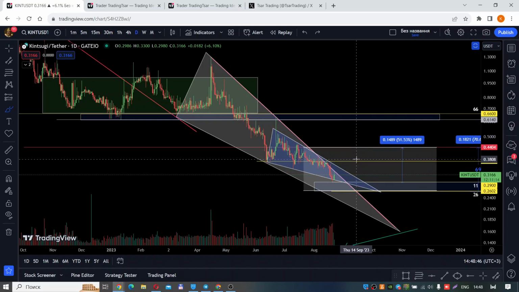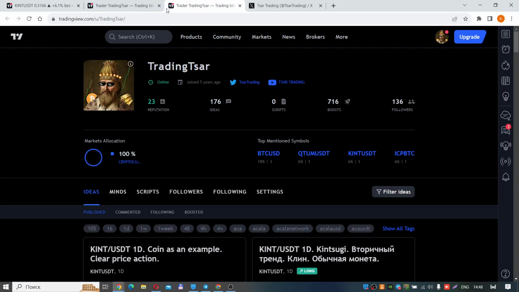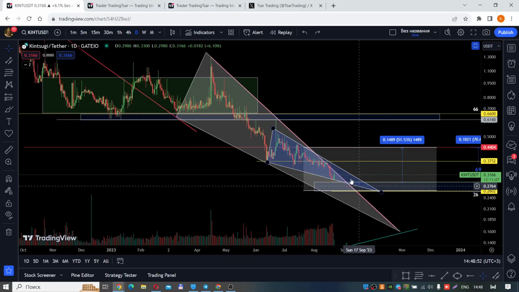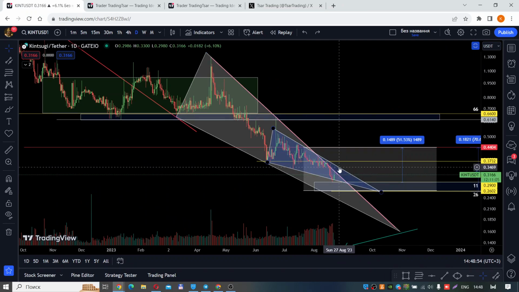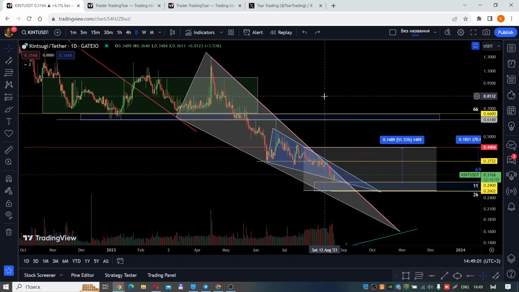So also check the idea on TradingView, wait for the bottom to form, and don't get into the deal earlier than the price has formed its bottom. It is also important to check the BTC cycles, because the coins don't move by themselves. They're always moving with the market.